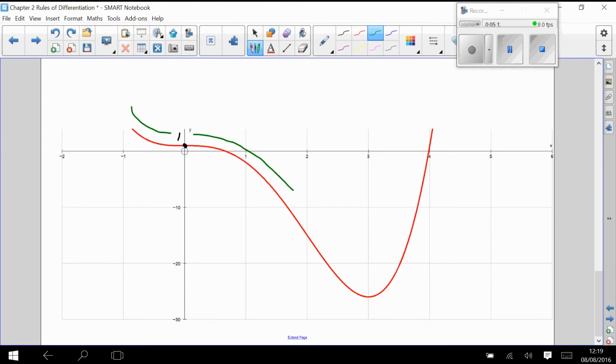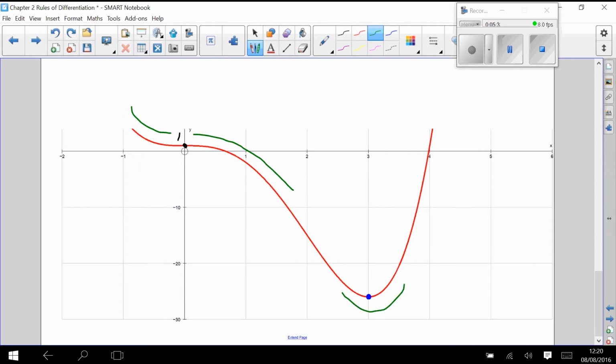We also said that we would have a turning point, which is a stationary point, when x was equal to 3 and when y was minus 26. And we also discovered, lastly, that this stationary point was a local minimum stationary point.